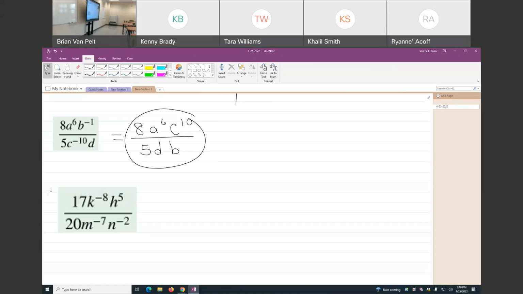What variables are moving? The K and the M and the M, right? Square. Here's what I do.